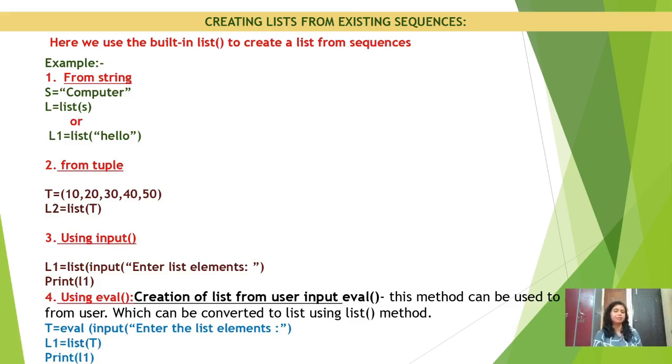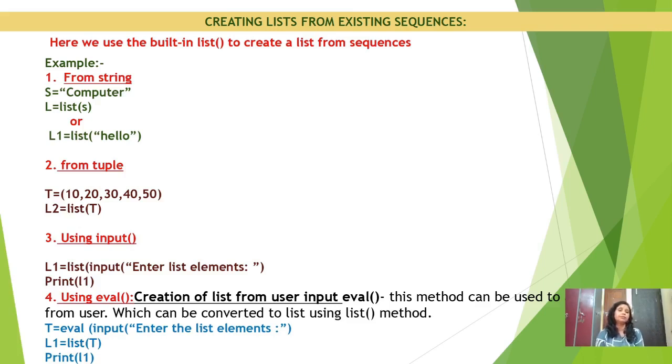Already we have seen how you create list variables using simple concepts, but here we can create a list from existing sequences also. Sequence data types, you know, are string, tuple, and list itself also.